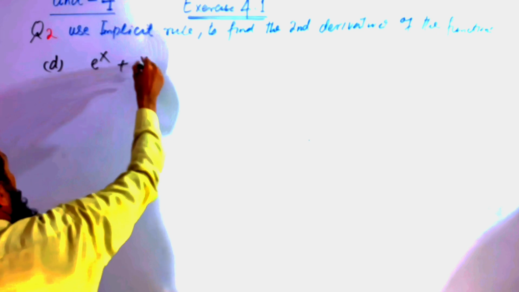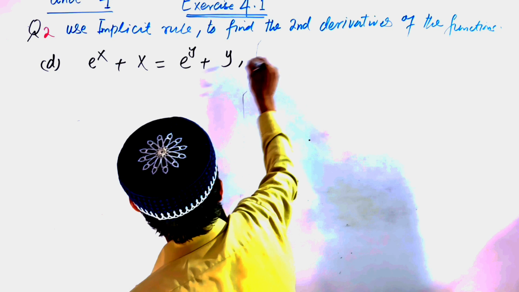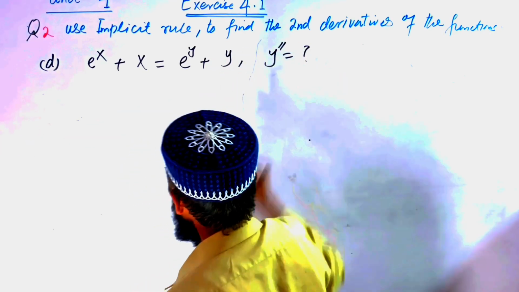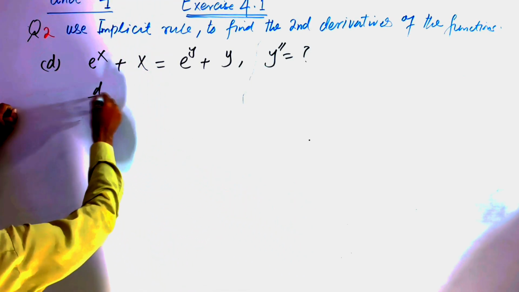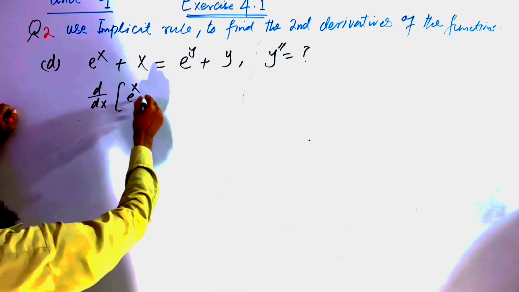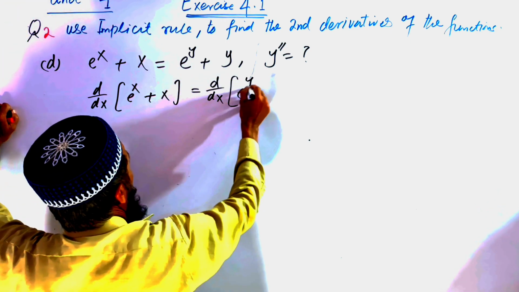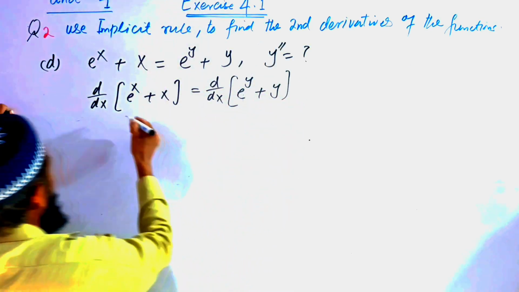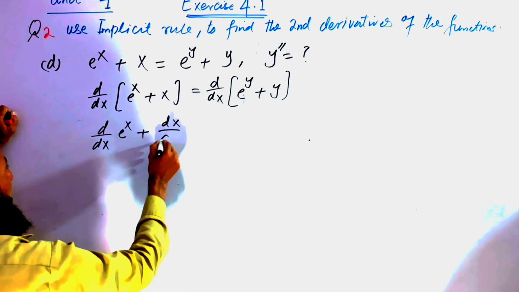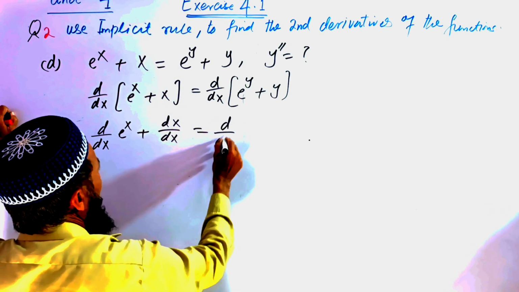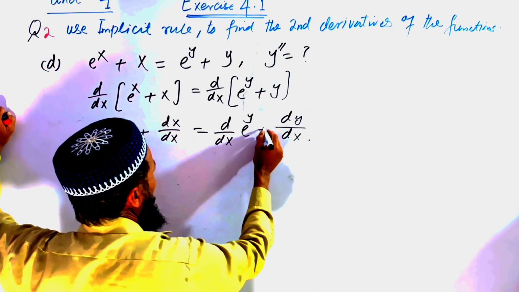Now the next problem: e power x plus x is equal to e power y plus y, where y dash is unknown. We differentiate with respect to x on both sides of this equation: e power x plus x gives e power x plus 1, and e power y plus y gives dy by dx e power y plus dy by dx.